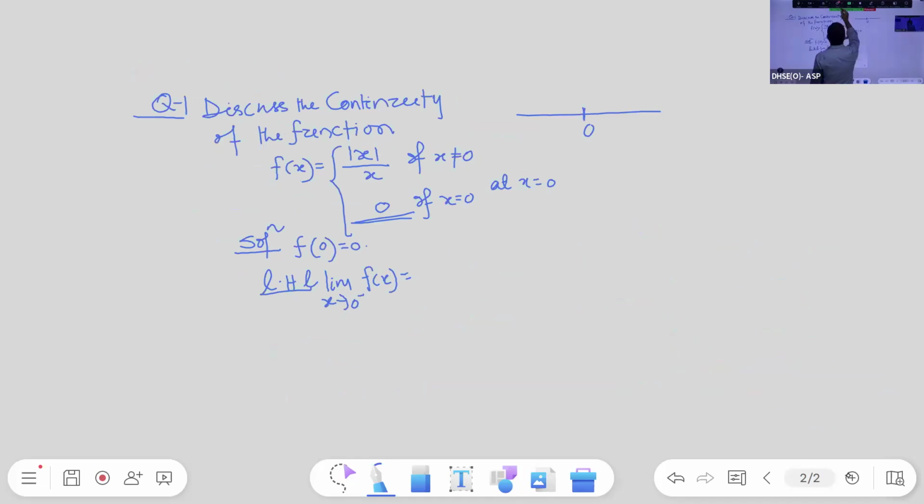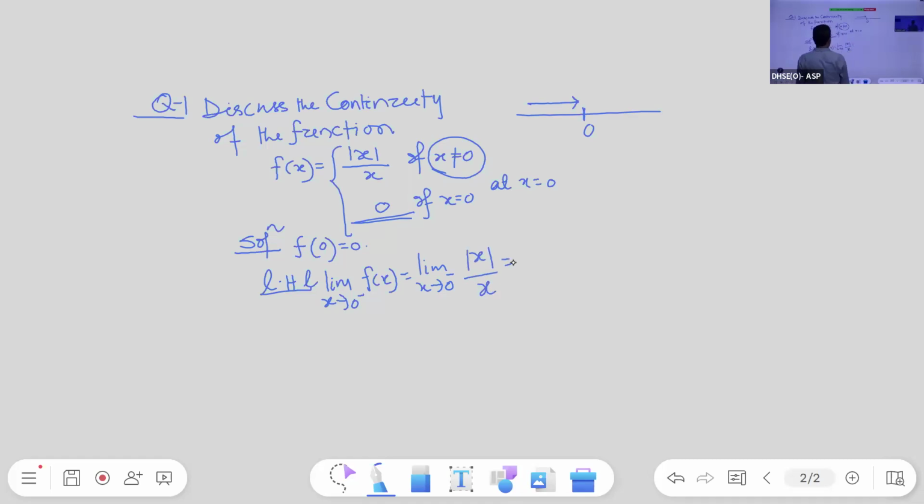So suppose x is approaching 0 from the left hand side. That means x is very, very close to 0 from the left hand side and x is not equal to 0. When x is not equal to 0, the function is defined as mod x upon x. So this is equal to the limit as x tends to 0 minus. 0 minus means x is approaching 0 from the left hand side. Mod x upon x.